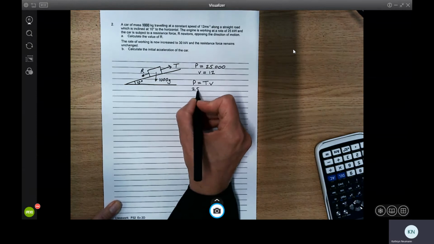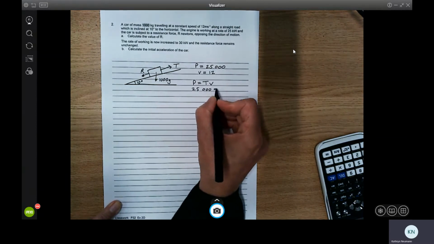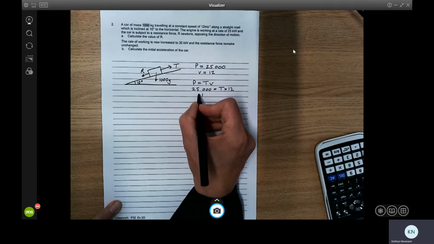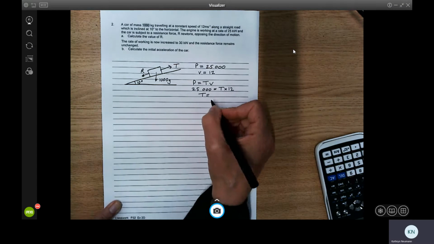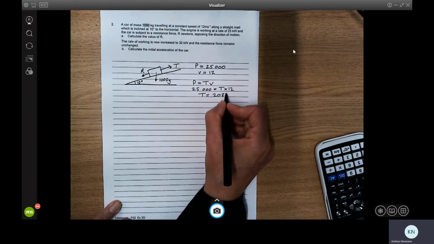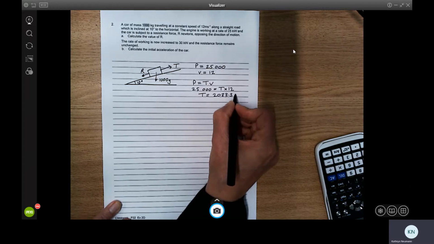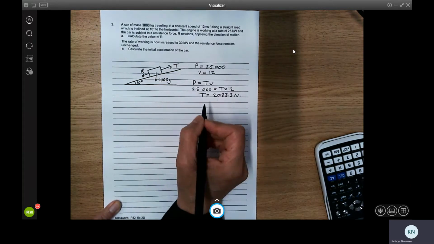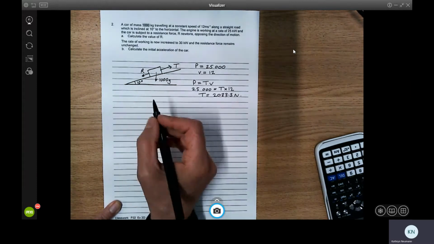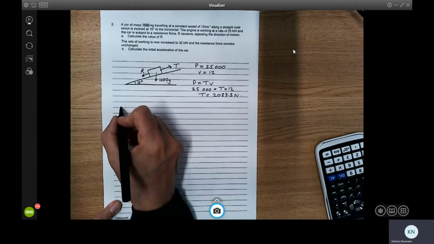So 25,000 is equal to T multiplied by 12. And that gives this forwards force of 2,083.3 newtons.